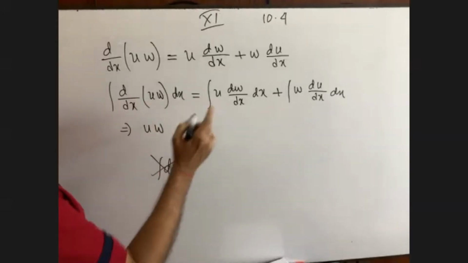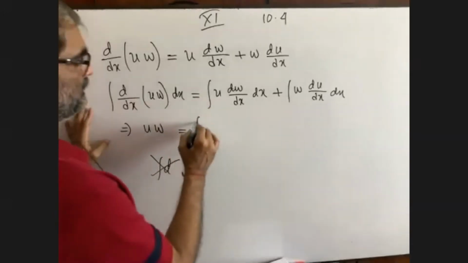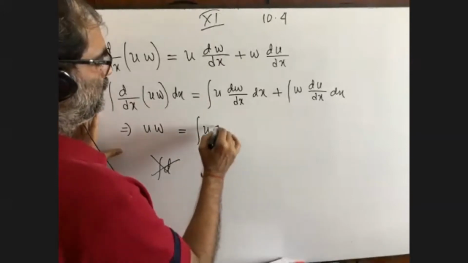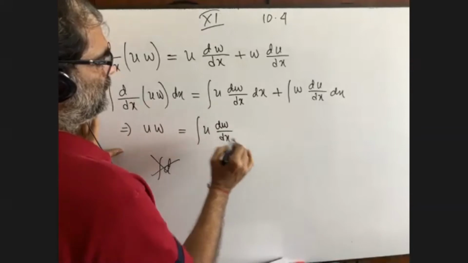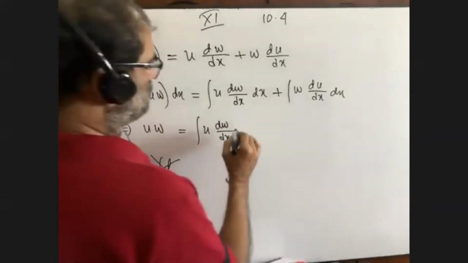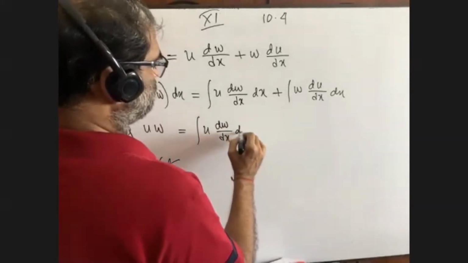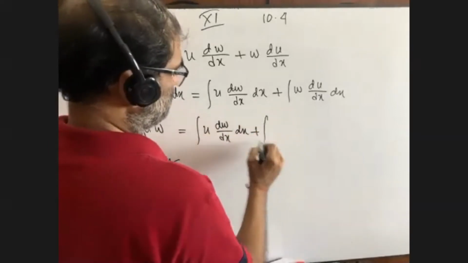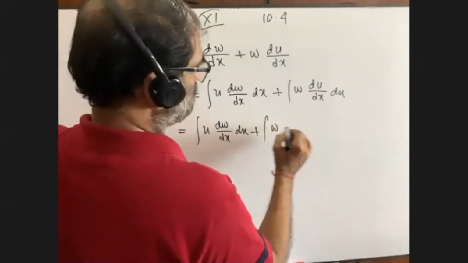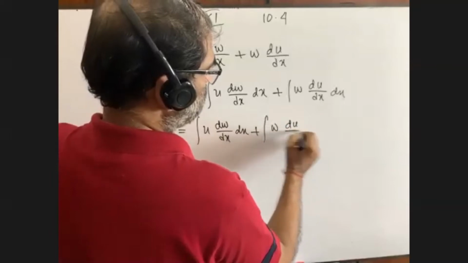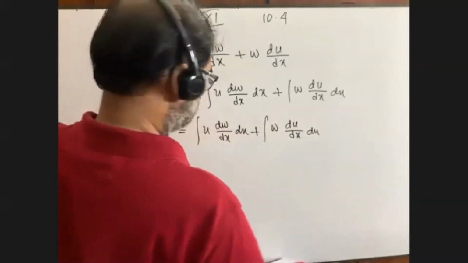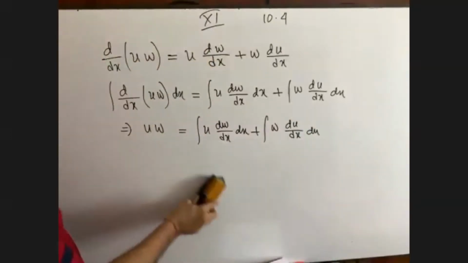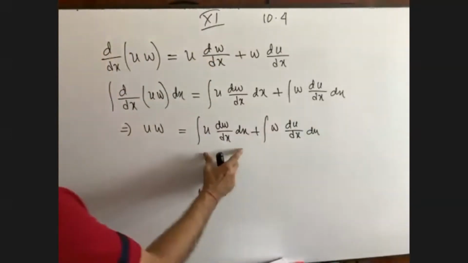That means we are left here with u dw by dx, plus integration w du by dx dx. From here, what can we write? Suppose we write down this part.